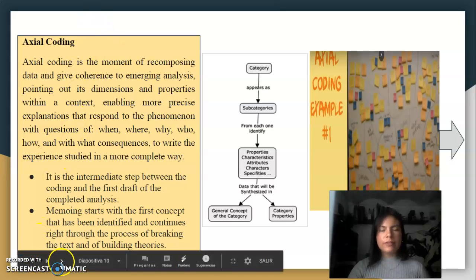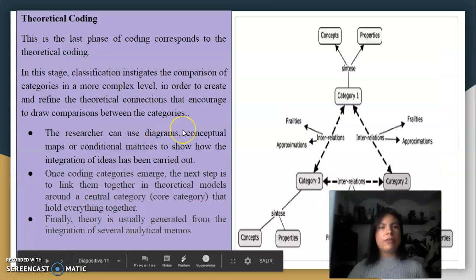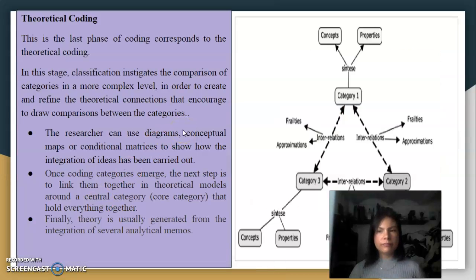The fourth stage is theoretical coding, where once again the categories are compared, but at a more complex level to redefine theoretical connections, and to do so, diagrams, conceptual maps, or conditional matrices are used to show integration of ideas.